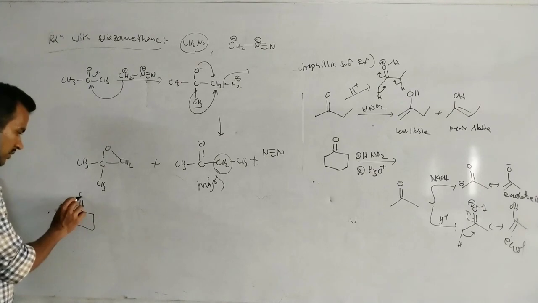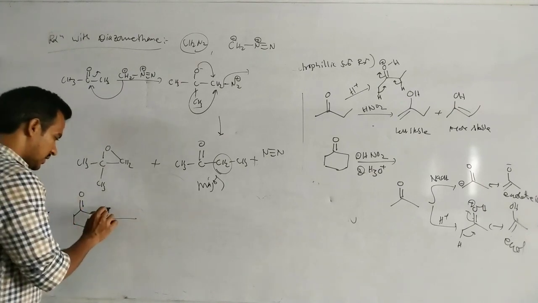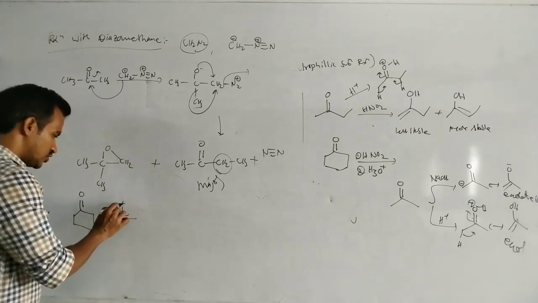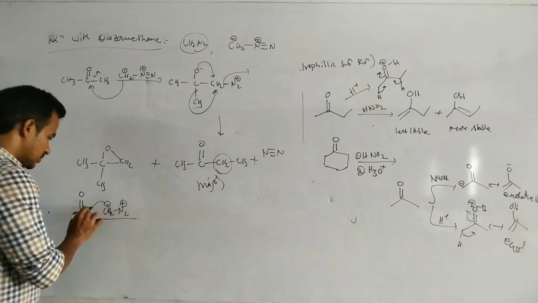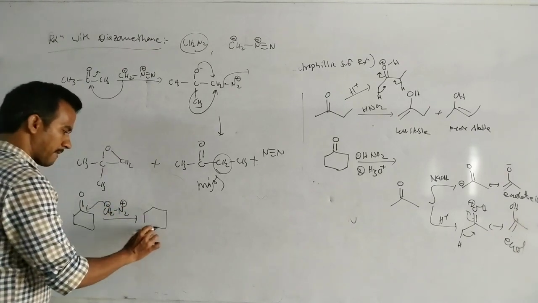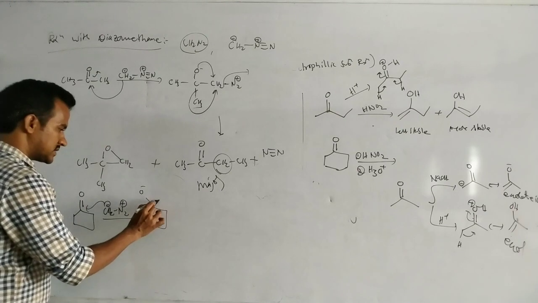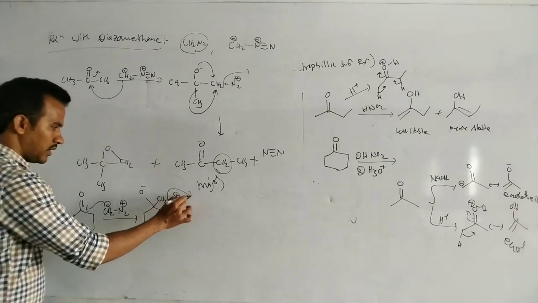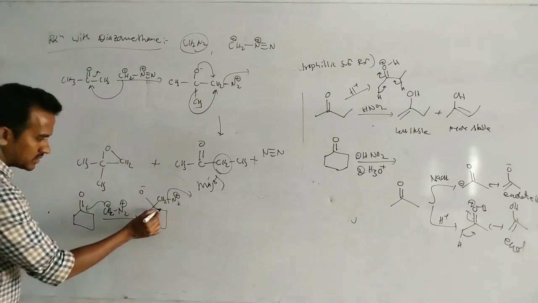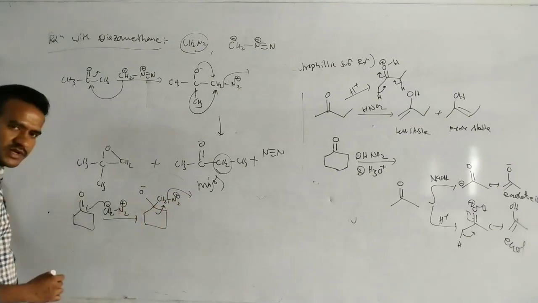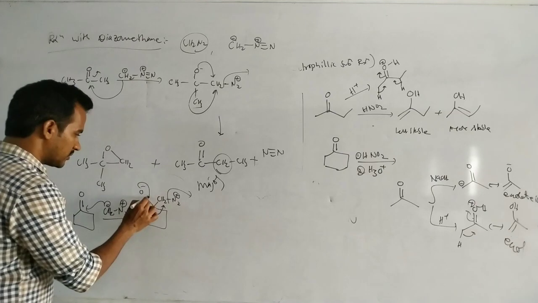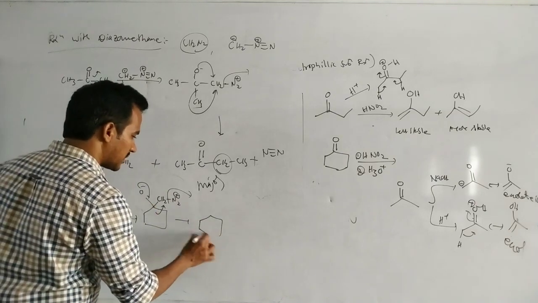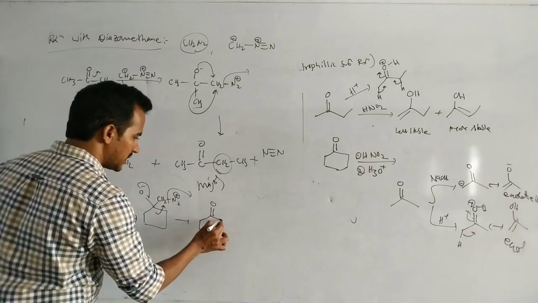And next, here this is a double bond. This one I'm treating with CH2, N2 plus, with the negative carbon as the nucleophile attacking. So O minus, CH2, N2 plus. By leaving of this N2 plus, ring expansion takes place with reformation of the pi bond, and that becomes a 6-membered ring.